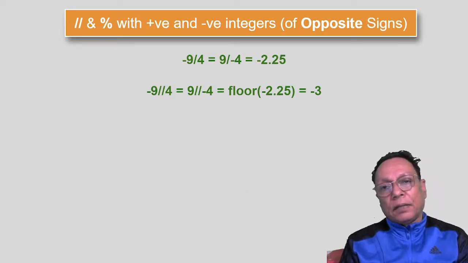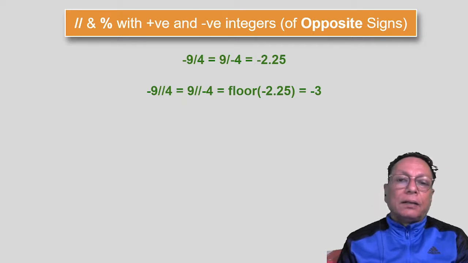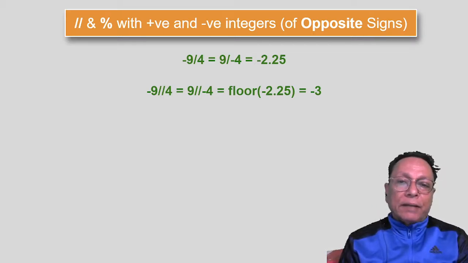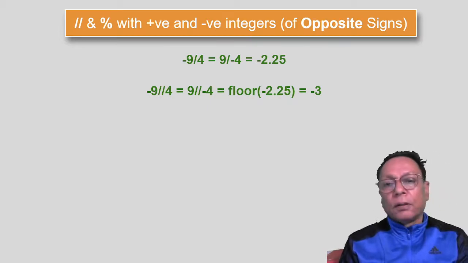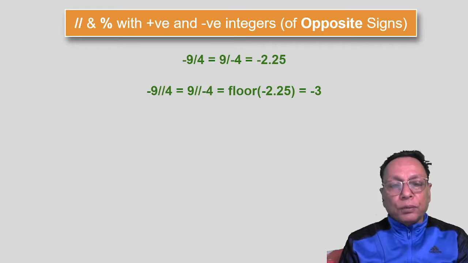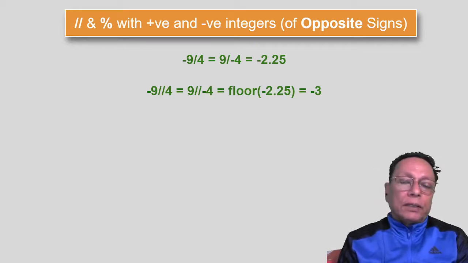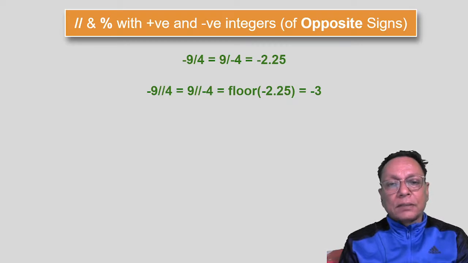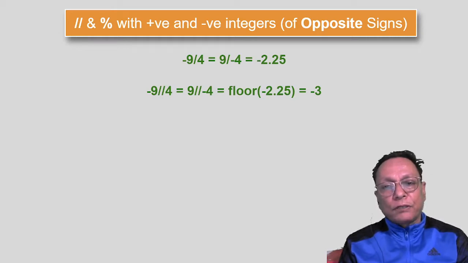What if the operators are opposite in signs? Like if you divide minus 9 by 4 or 9 by minus 4. If you want to evaluate the floor division, minus 9 floor division 4, or 9 floor division minus 4, what should be the output? When you divide a negative value by a positive, or a positive value by a negative, the quotient will always be negative.